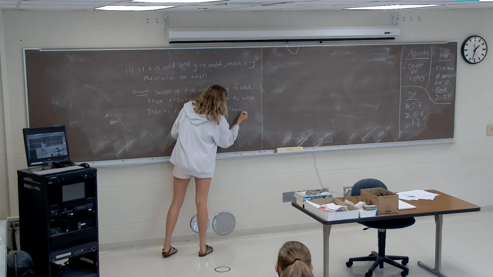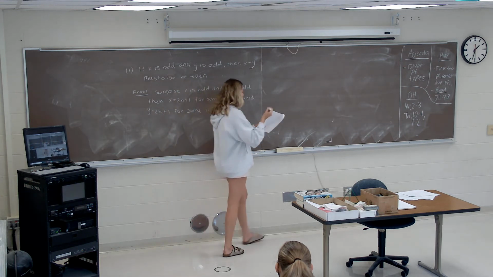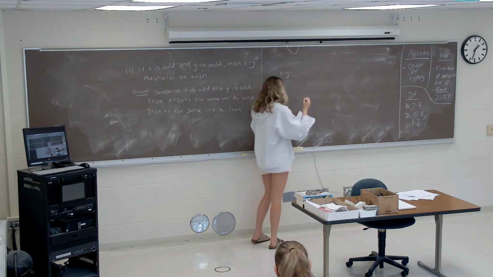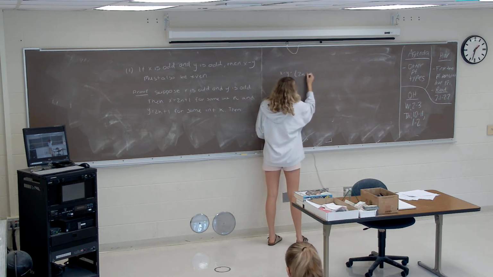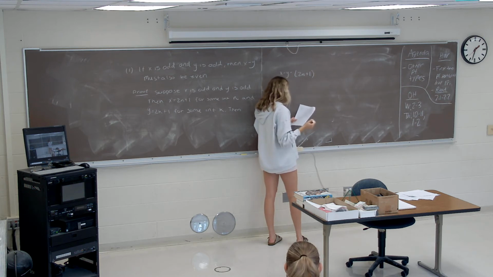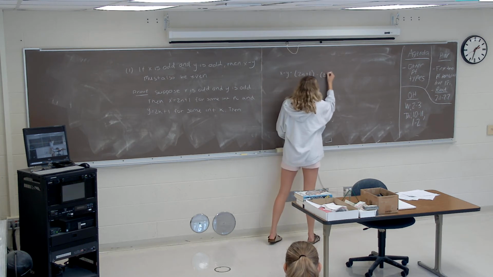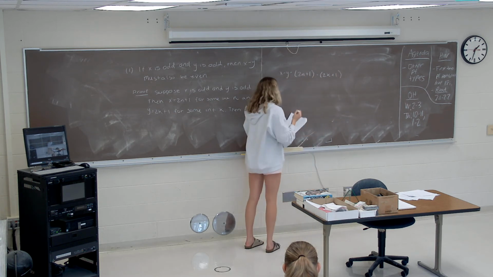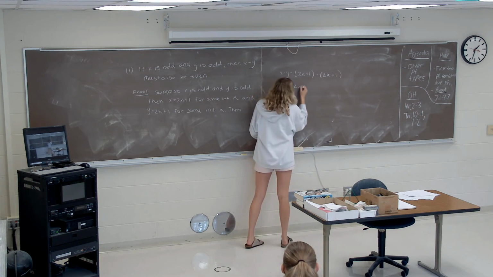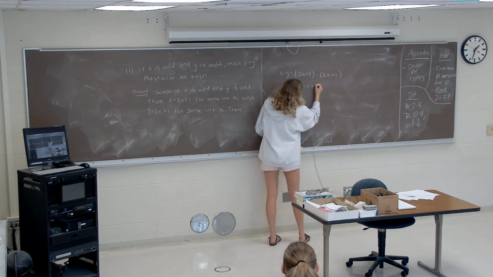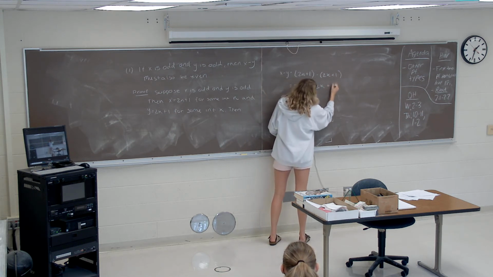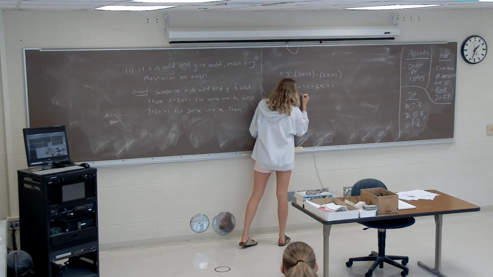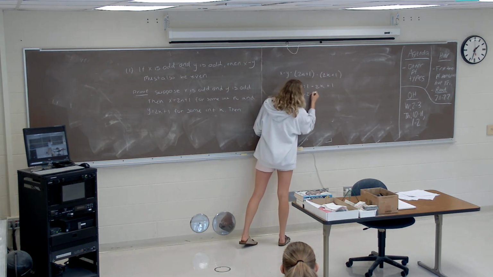Then I show this by doing x minus y equals 2n plus 1 minus 2k plus 1, which equals 2n minus 2k.